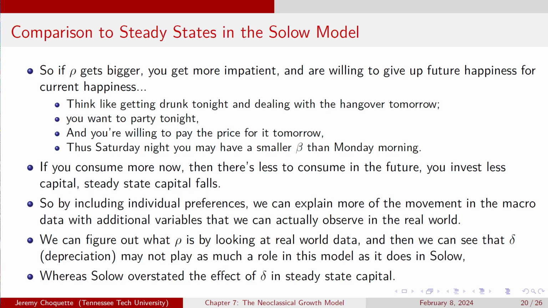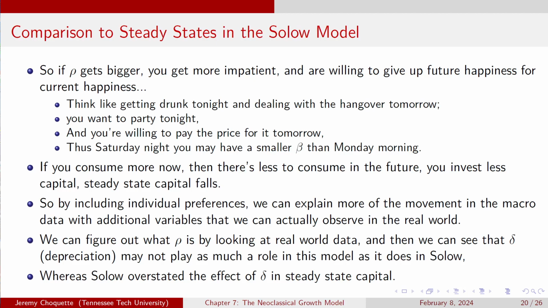Because if the steady state capital for the neoclassical growth model is to be believed, and not the Solow form of steady state capital, the denominator would be rho plus delta in the neoclassical. But Solow's assuming it's just delta, in which case depreciation in the Solow model is actually picking up the effects of not just depreciation, but also the household's impatience.